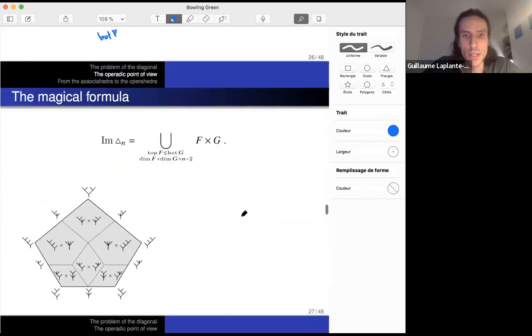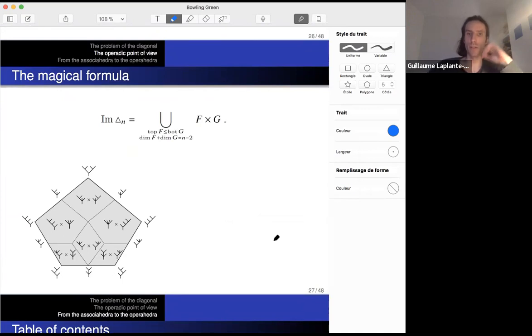And well, now the magical formula for the associahedra is the following.